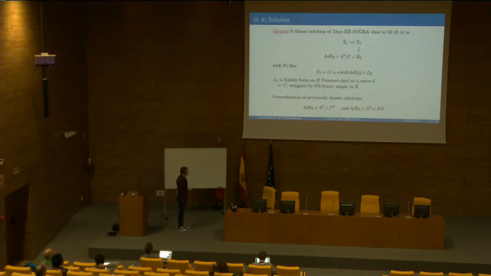Okay. So the general F-theory solution, with 2D (0,4) supersymmetry in the dual, just looks like AdS3 times S3 mod Gamma times an elliptic fibration over some B2. And it has some F5 flux corresponding to D3 branes, and it turns out that this curve, which is wrapped by the D3 branes, actually has to be ample in the base.